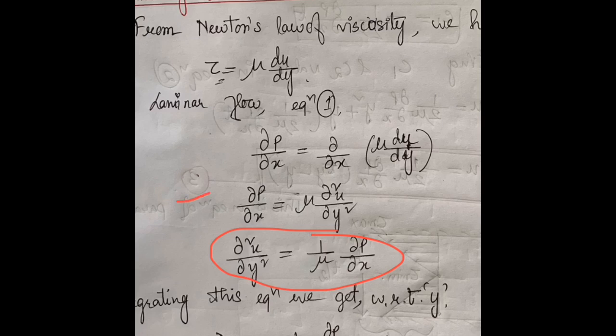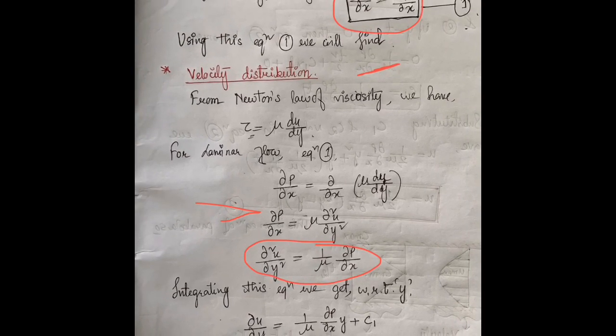Then you get del u by del y equal to 1 by mu del p by del x into y plus C1, one constant term. Again, if you integrate further this equation, what will you get?